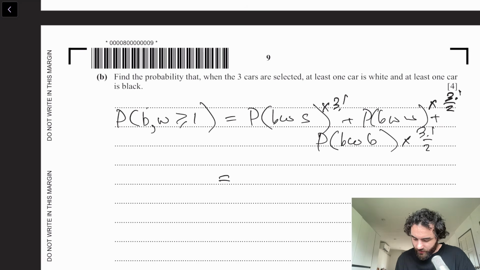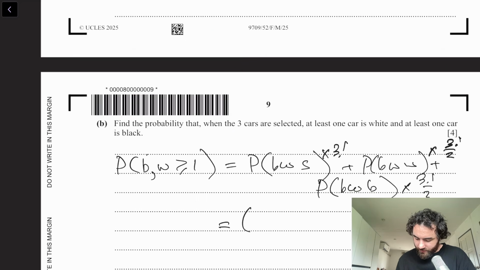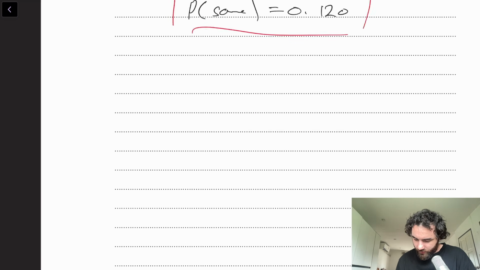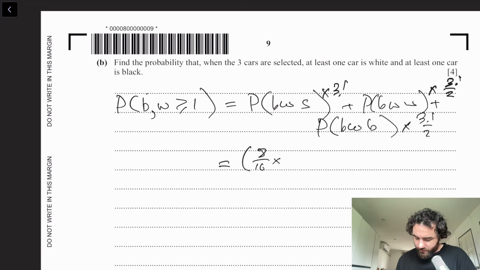Right, so this thing will be a black one is 8 over 16. 8 over 16 times a white one is 5. So this would be what? 5 over 15, because now we've taken one, times silver one will be 3, because we still have 3 silver, over 14.